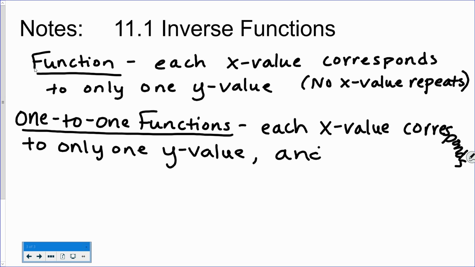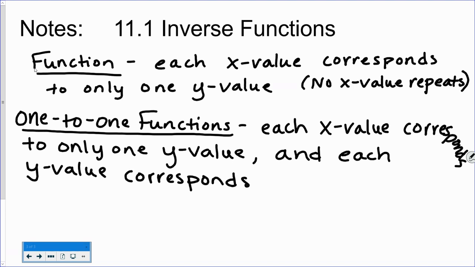And each y value corresponds to only one x value.